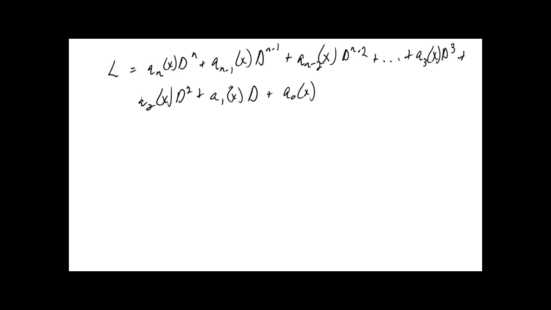Now, guess what that operator does? This L operator that contains the D operators. Does it look at all familiar? All you have to do is, instead of this D, put little d to the n over dx to the n.